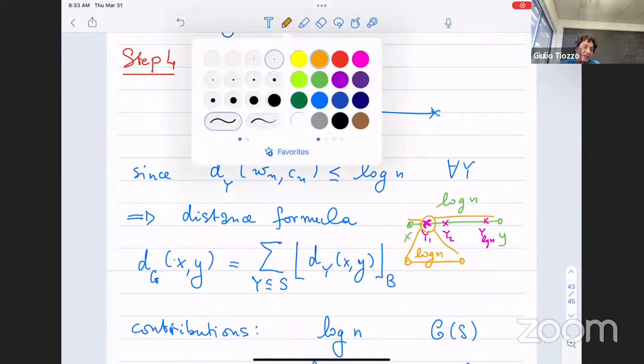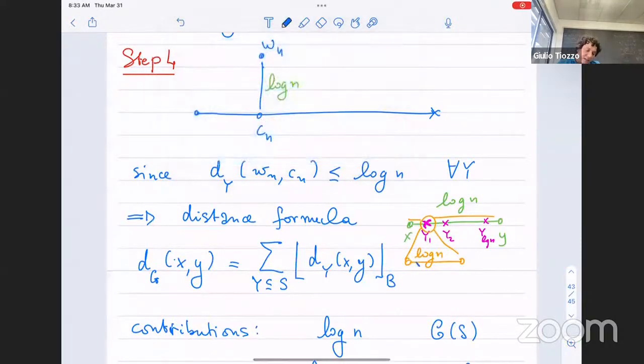So Y can have another subsurface Z, and then you have to look at this again, and you can make logarithmic progress in Z also. But then what matters is the depth of the hierarchy, and the depth is indeed P, the complexity. P is 3G minus 3.